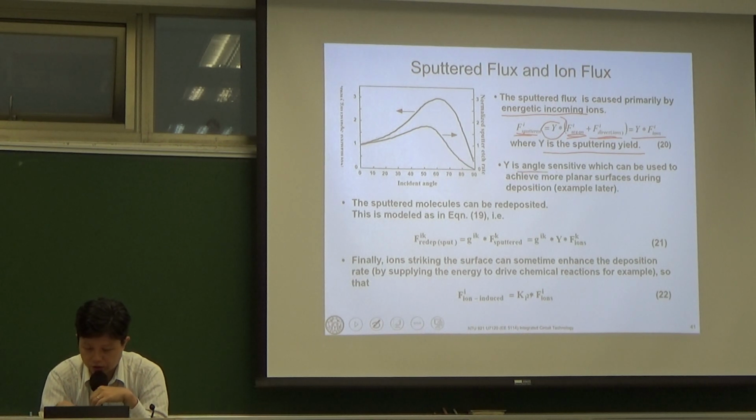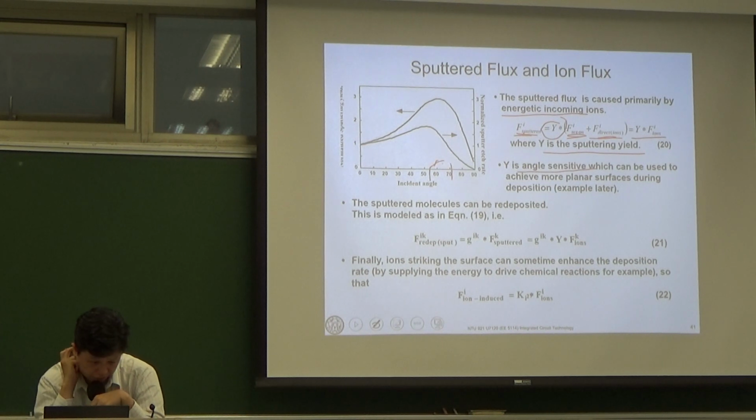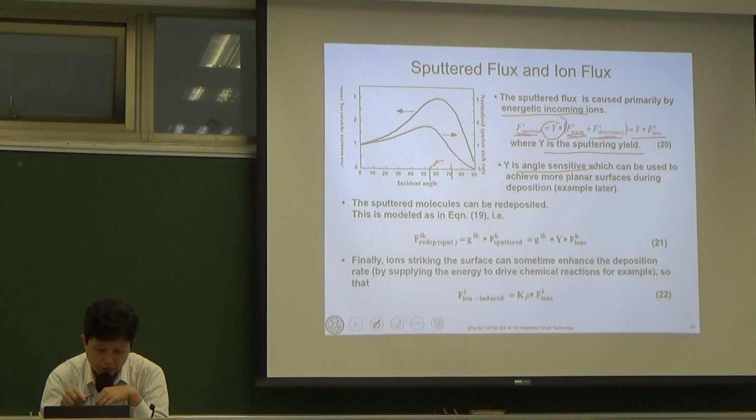Y is angle sensitive. So from these pictures, you can see that around 60 to 70 degrees, we have higher sputter yield here. Roughly around 50 to 60, we have the largest etch rate because it's angle dependent.